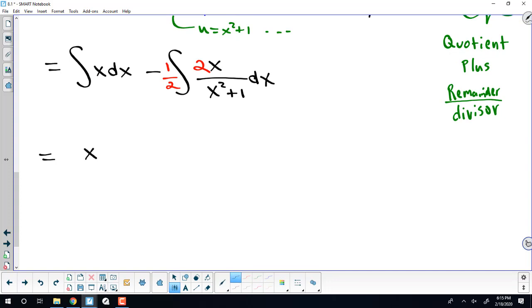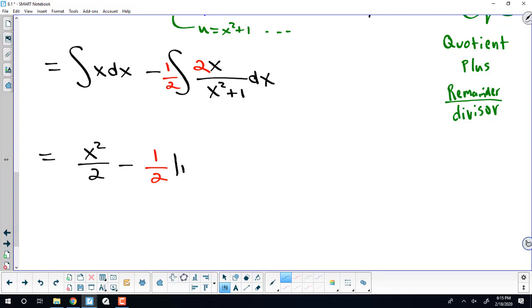So we have our x squared over 2 minus our 1/2 natural log. Now that thing is in logarithmic form, so it's just the natural log. You should get in the habit of putting the absolute value because that is technically what it is. Plus, we'll just call this c.